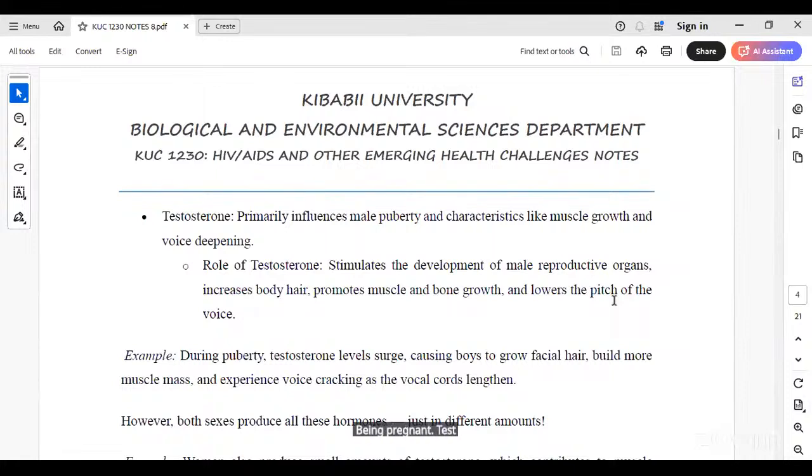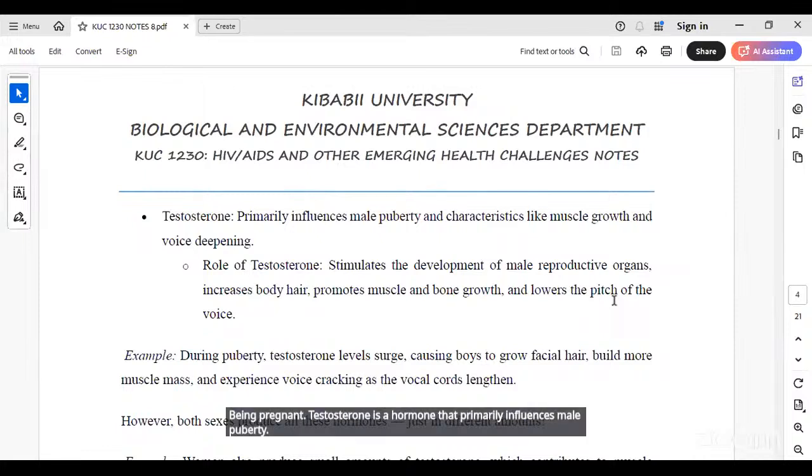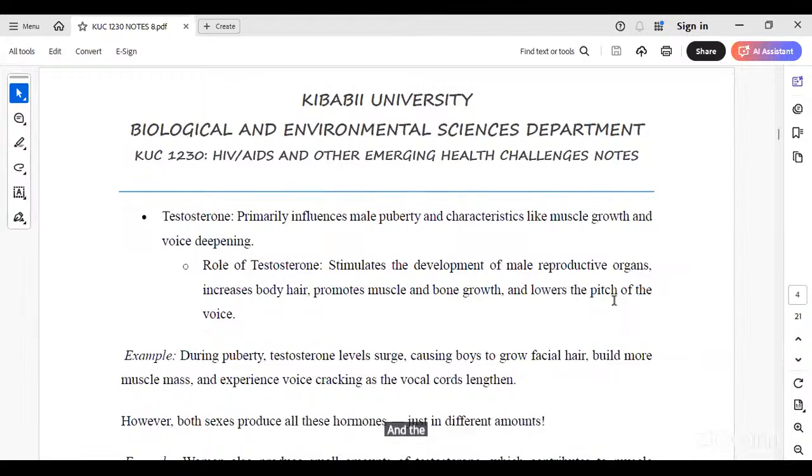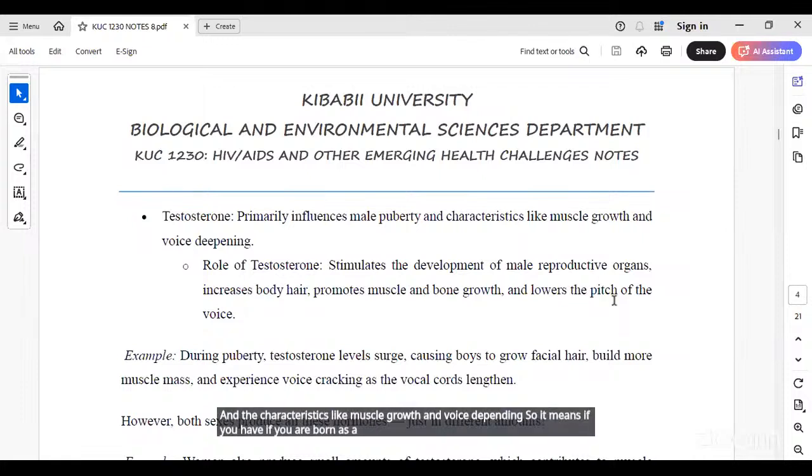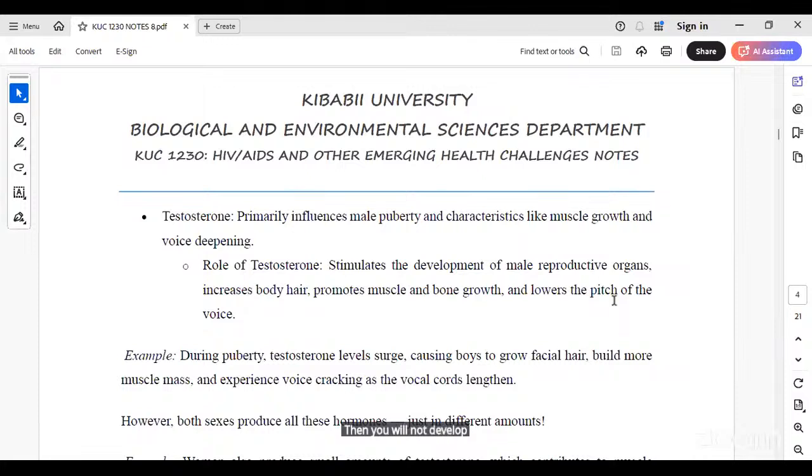Testosterone is a hormone that primarily influences male puberty and the characteristics like muscle growth and voice deepening. So if you are born as a male, but you don't have enough levels of testosterone, then you will not develop most of the characteristics that testosterone leads.